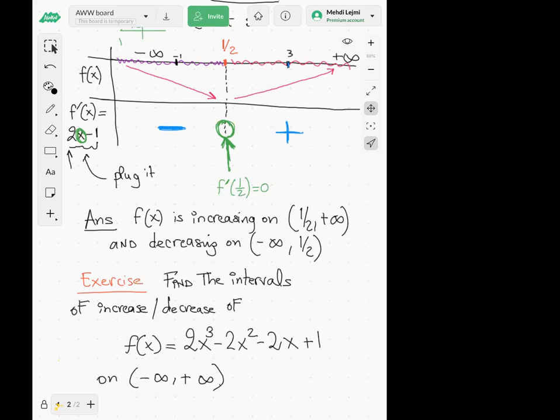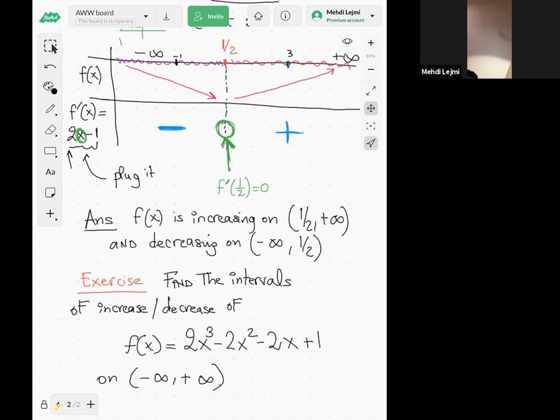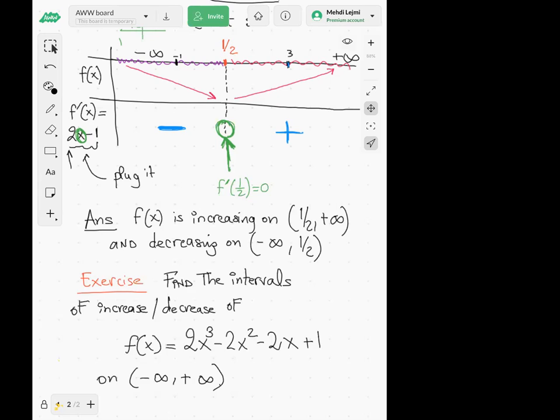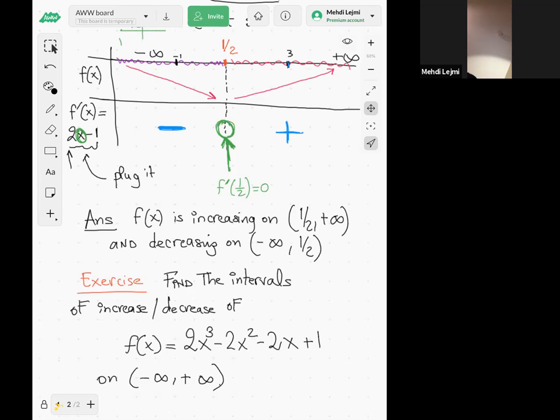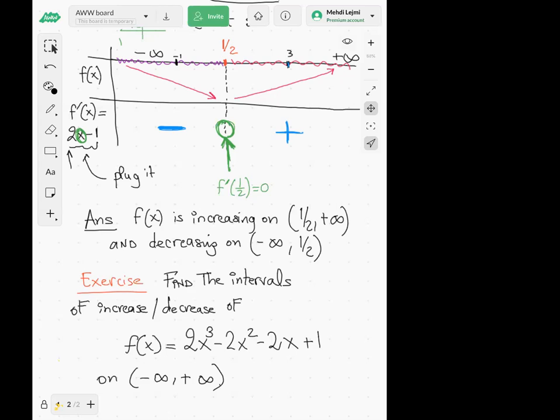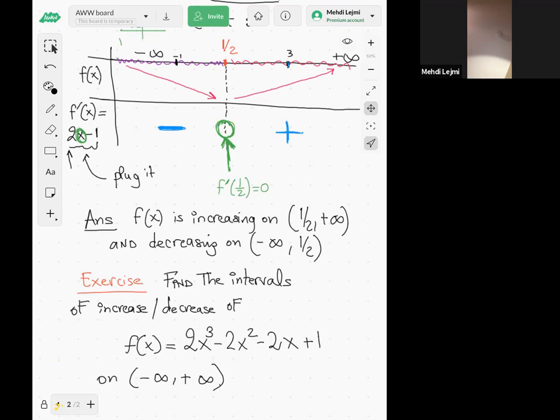It's decreasing between -1/3 and 1. Yes, Ibrahima, very good, exactly. And from minus infinity to -1/3 it's increasing, and from 1 to plus infinity increasing. Absolutely, very good.